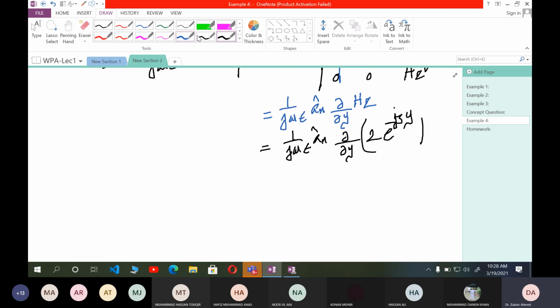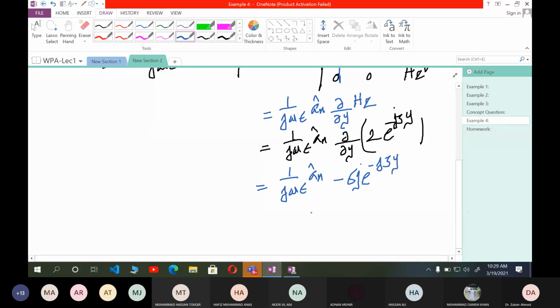Now, if I take the derivative, I can write this as 1 by j omega epsilon ax unit vector. And what will be the derivative of this? This will become minus 6j exponential of minus j3y. So this j will be cancelled, and we will get this.